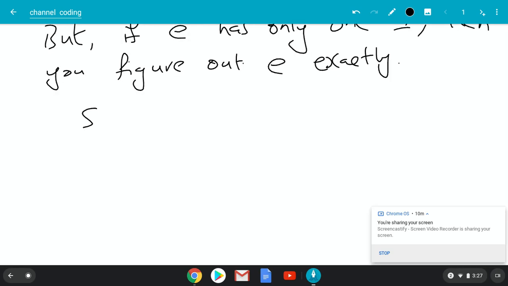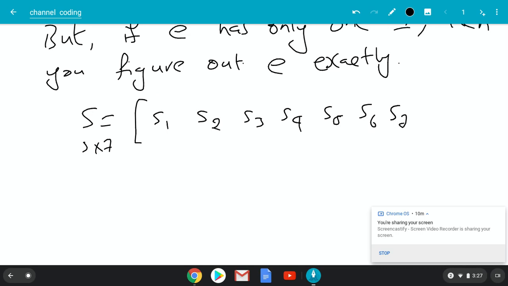Let's say I'm going to represent S as a matrix, and let's say this is a 3 cross 7 matrix, right? So that means there are 7 column vectors. We know the number of columns should be 7 because you're multiplying this with C hat on the right hand side. So I'm going to represent this as S1, S2, S3, S4, S5, S6, S7.